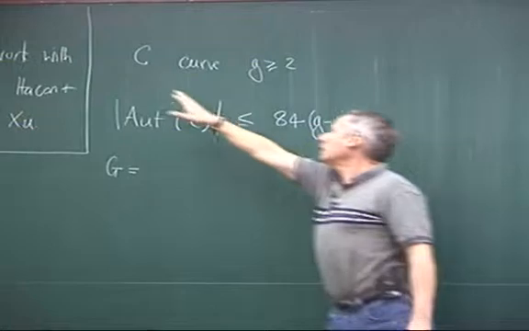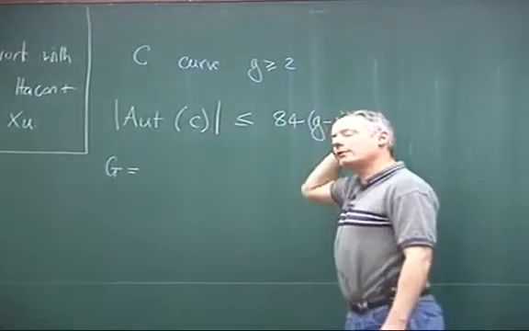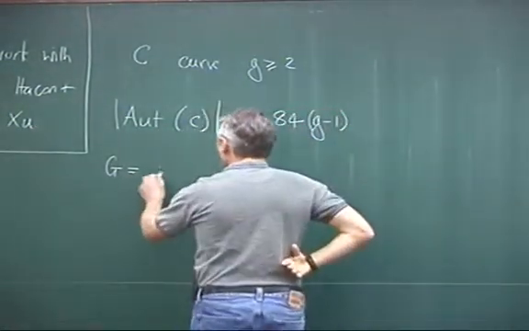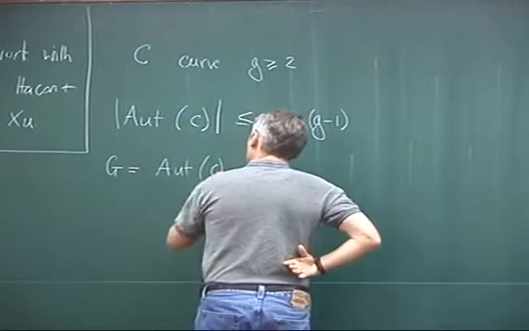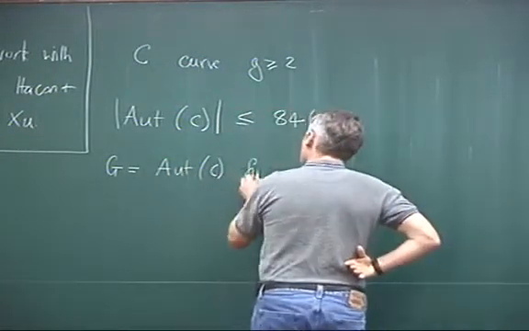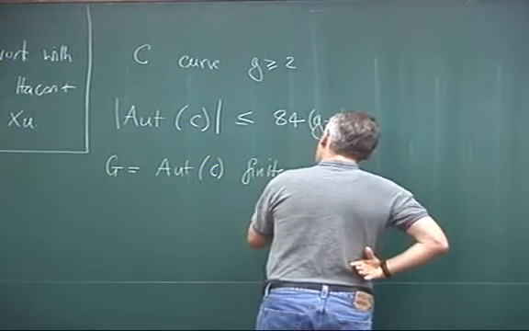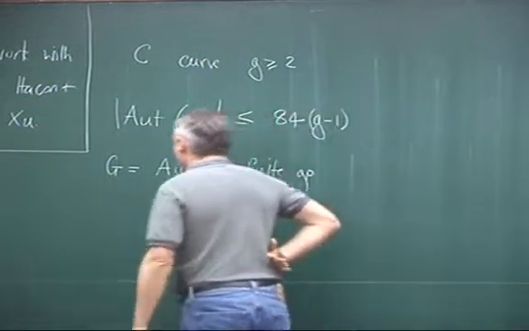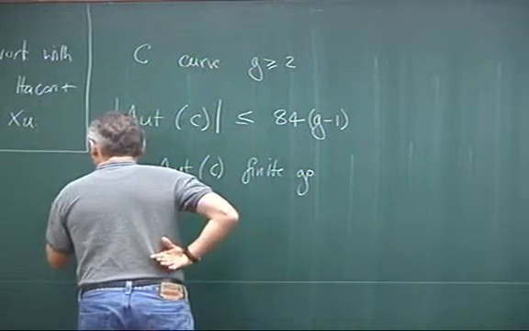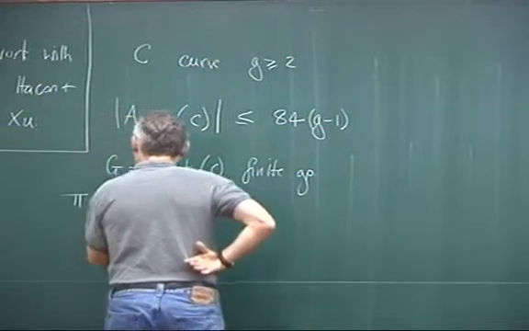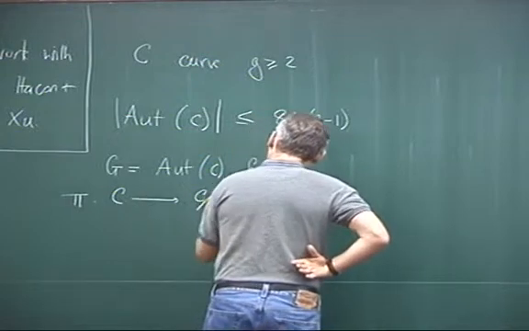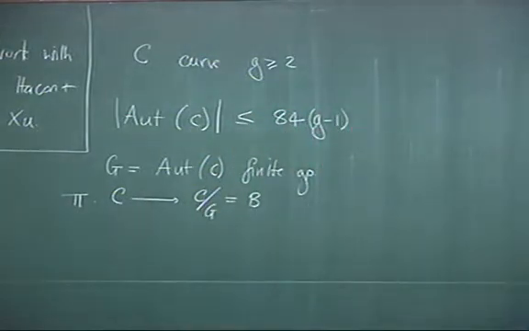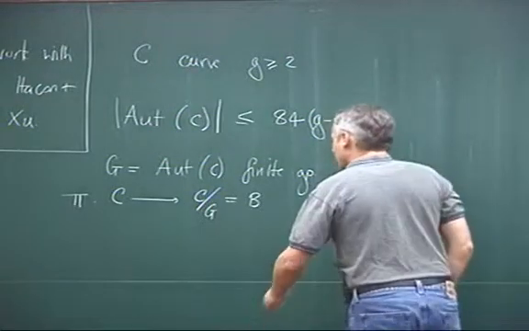So how do we see that there's an upper bound for the automorphism group of a curve? Well, just take G to be the automorphism group. This is a finite group. So there's naturally a map from C to C mod G, which is another curve, call that B. And then I can write down Riemann-Hurwitz for this.